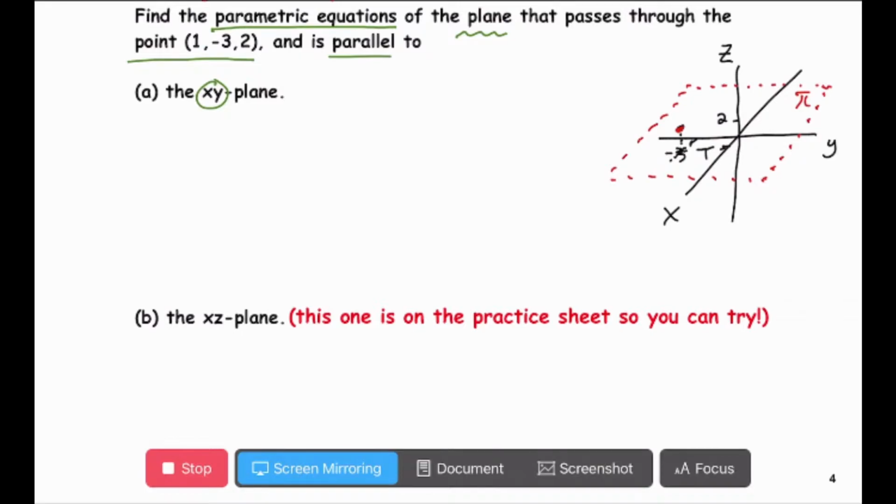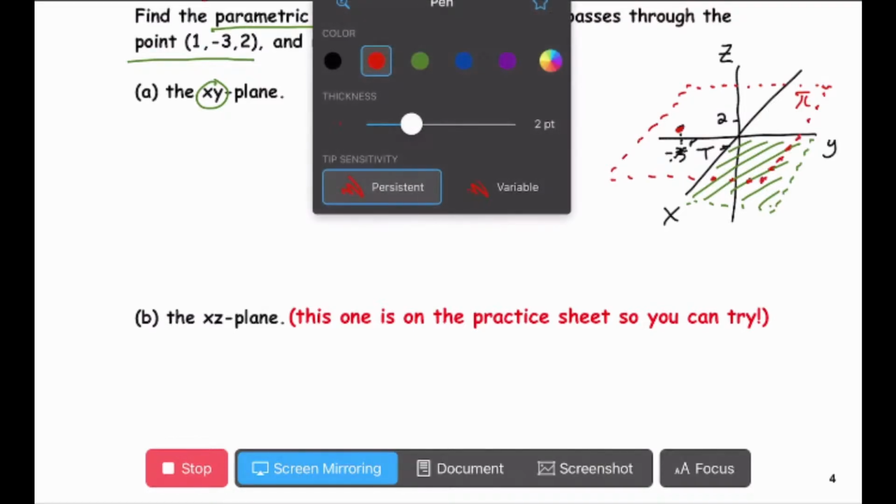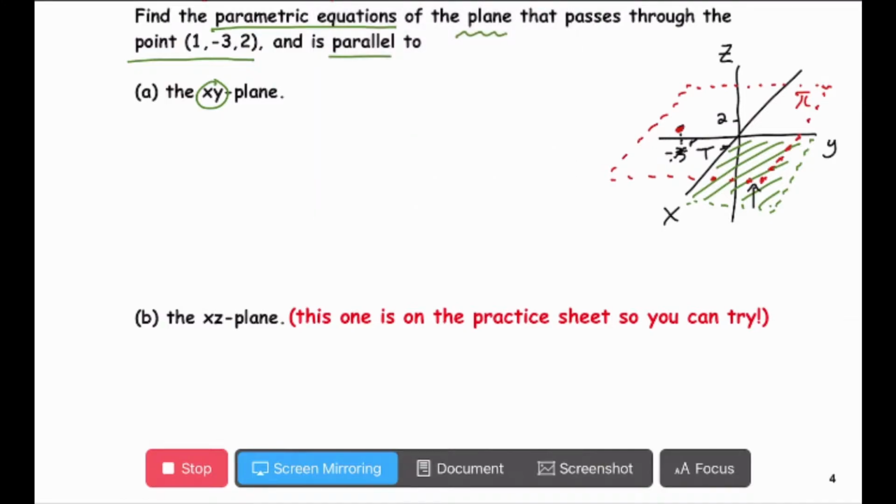Let's indicate that at least here: parallel to the plane running between X and Y. And I want to be clear that my red plane here is on top, so I'll recolor that a little bit. All right, and so we can see there's a gap here between our planes.